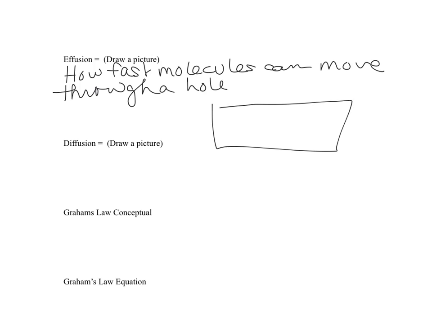So basically, if I have a box with a hole in it or a divider with a hole in it and I've got some gas molecules on one side, it's how fast these molecules are going to move through that hole to the other side.